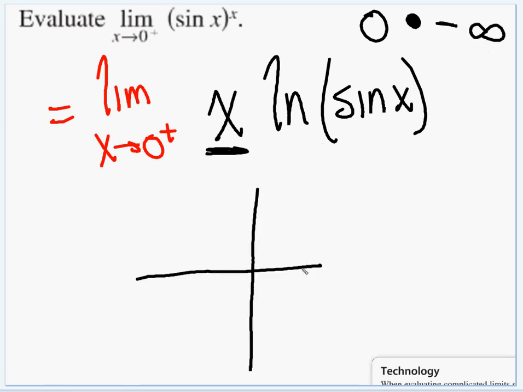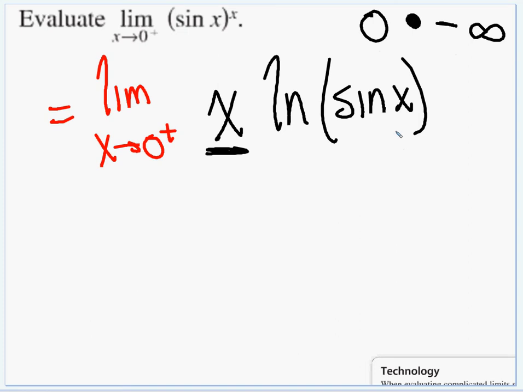Remember, here's our natural log graph. As we approach 0 from the right, the graph heads down, down, down to negative infinity. That's why this one had to be a one-sided limit. So there's 0 times negative infinity. It's something we can work with.